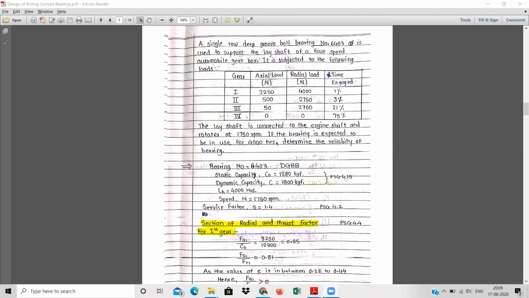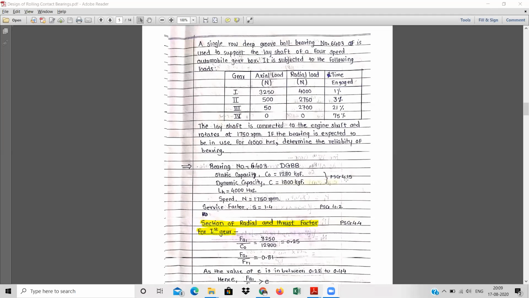From the given data, what we understood is that for first gear the axial load and radial load are very high, and the axial load reduces as the gear number increases. For fourth gear, it is completely zero.